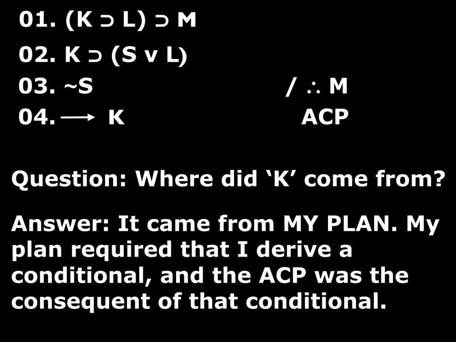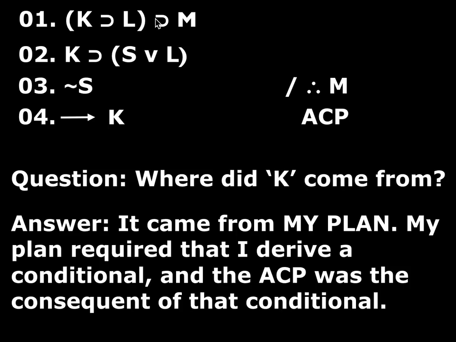What is the answer? The answer is it came from my plan. My plan, remember, with this proof was, hey, if I can get this antecedent, then I can use that with modus ponens to get M. And so my plan was, gosh, I really need if K then L. I devised a need for the conditional if K then L. That's where K came from.